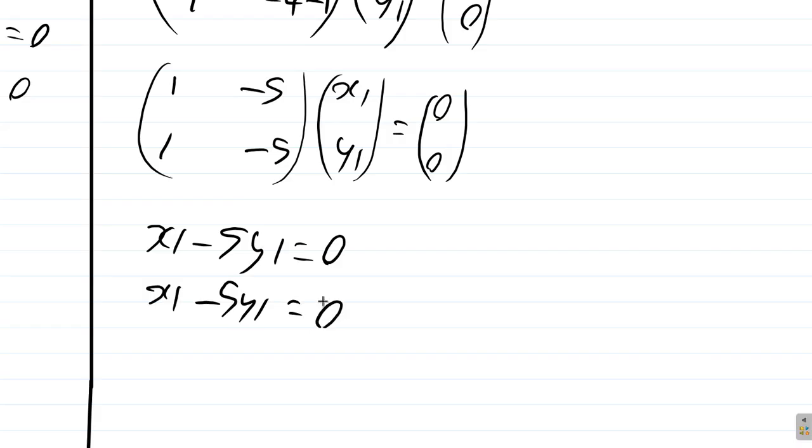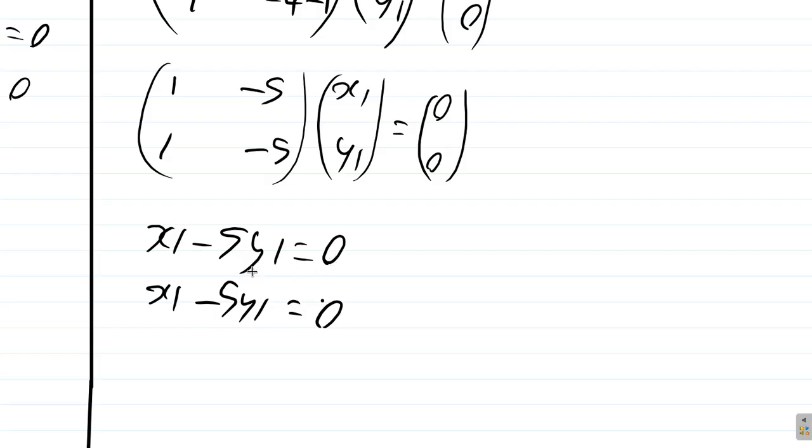Now, that's the form that you should get. Both the top and bottom equations should be the same, or if they are not the same, you should be able to divide or multiply one of them so that it looks like the other, right? That's what should happen.